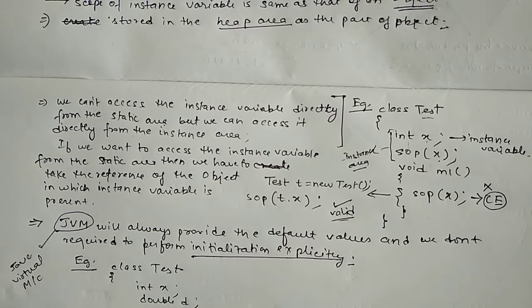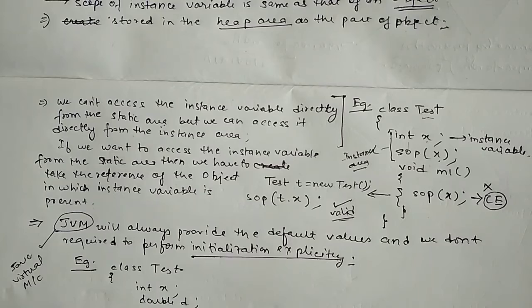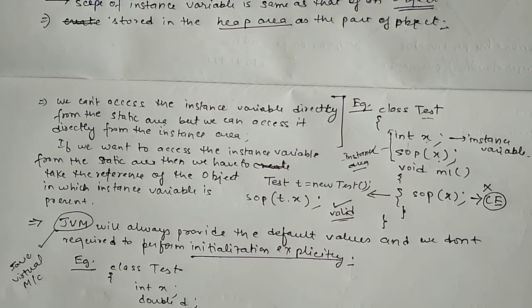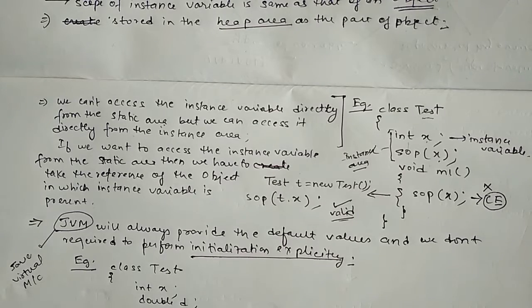We are creating the object of this class so that we can access these instance variables. So test t equal to new test, and now with the help of the reference of this object I can use these instance variables. It's System.out.println, in short SOPLN, and we print t dot x and t dot d.